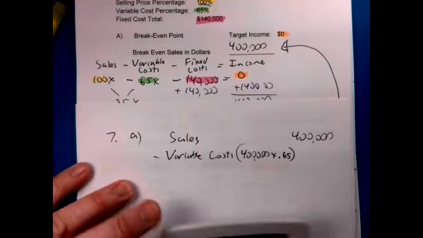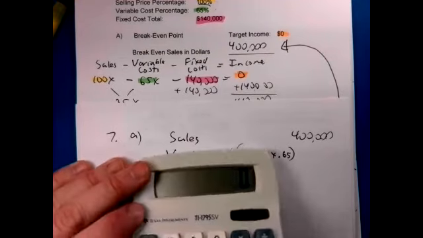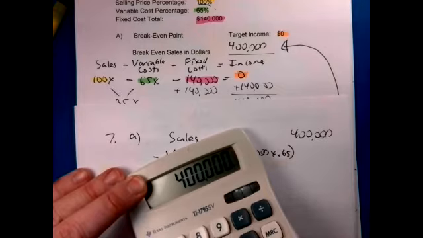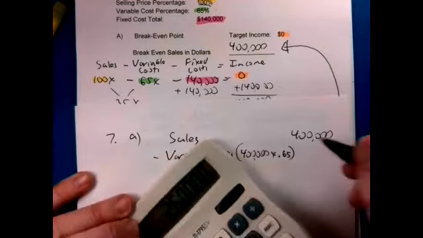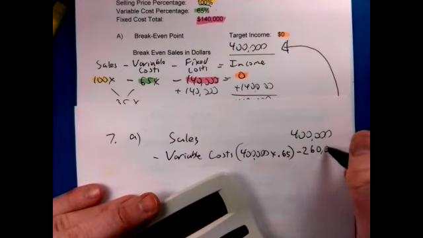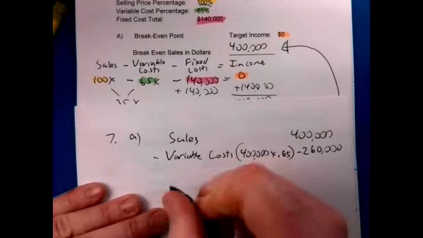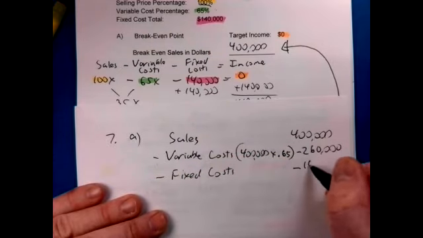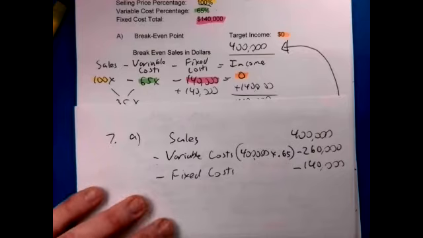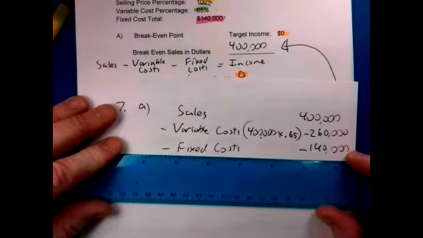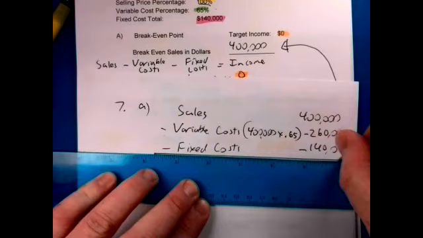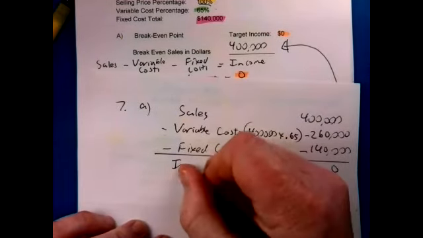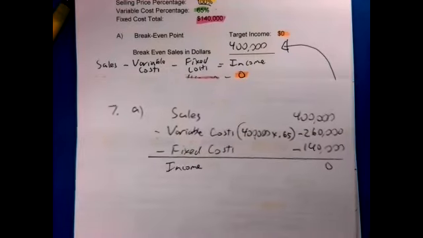It's 0.65. Okay, so let's see. 400,000 times 0.65, minus the fixed cost, equals 0. That would be our income.